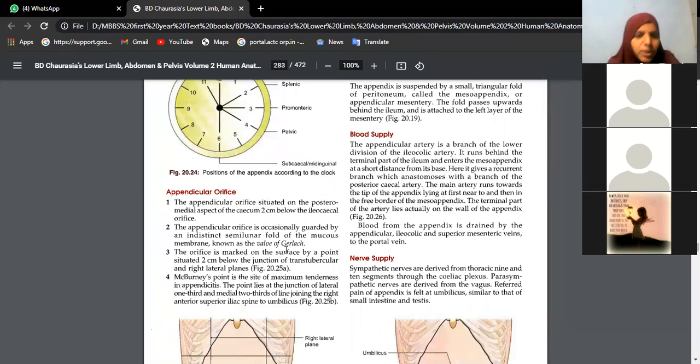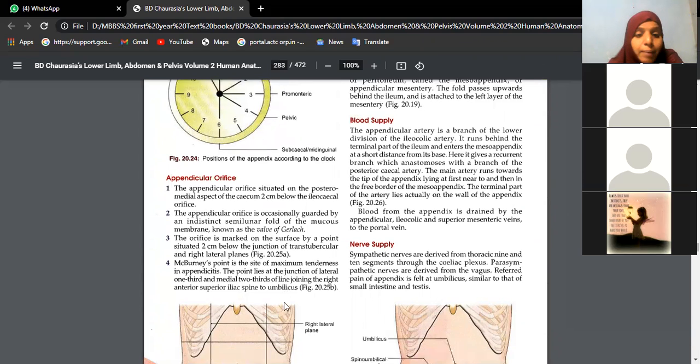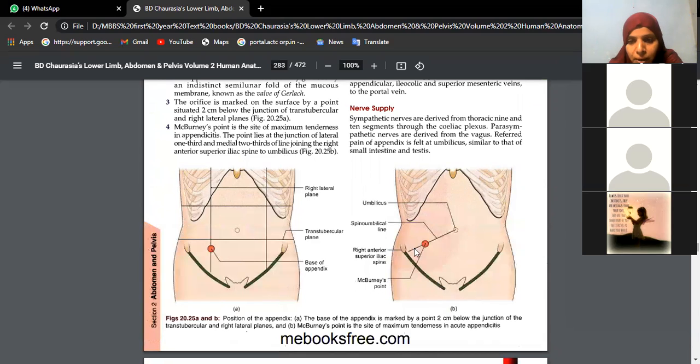It is guarded by a valve called the valve of Gerlach. And McBurney's point is very, very important. How do we get McBurney's point? Palpate the most anterior end of the hip bone, the anterior superior iliac spine, and this is the umbilicus. Draw a line and palpate between the medial 2/3 and lateral 1/3.